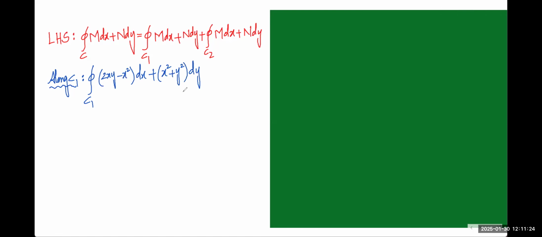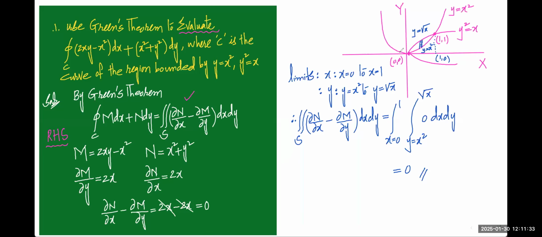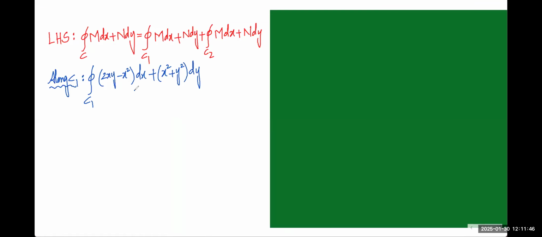Now if you see our question, for this LHS part, we can convert our problem completely in terms of x or completely in terms of y. Along the part C1, the value of y is equal to x square. If you differentiate, you will get dy equal to 2x dx.